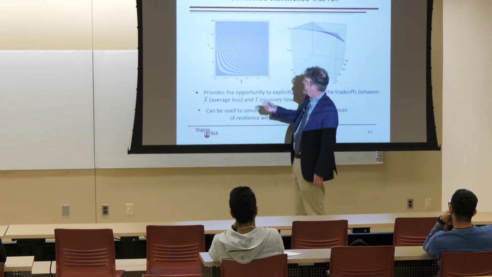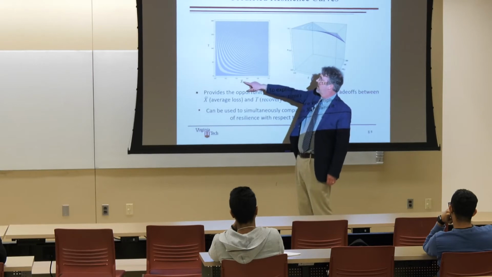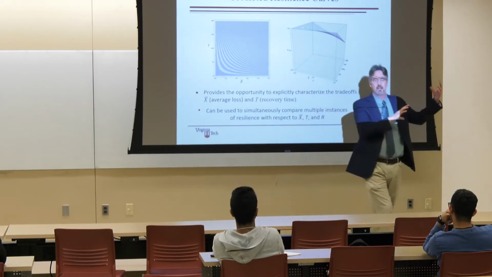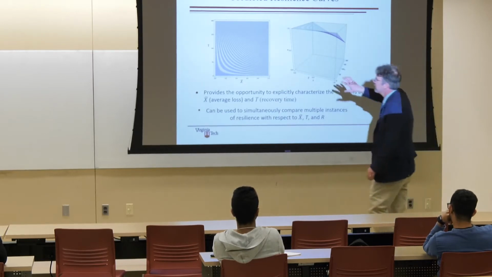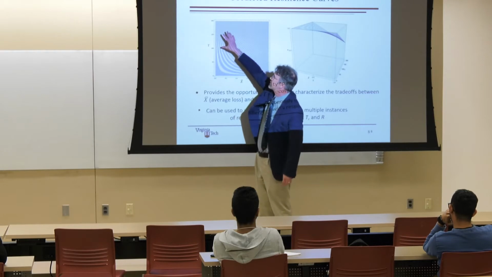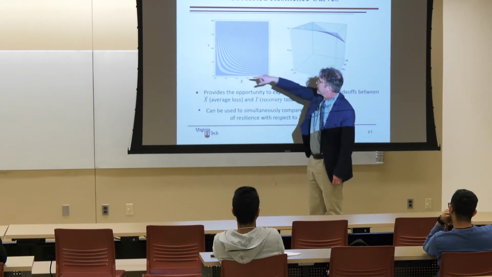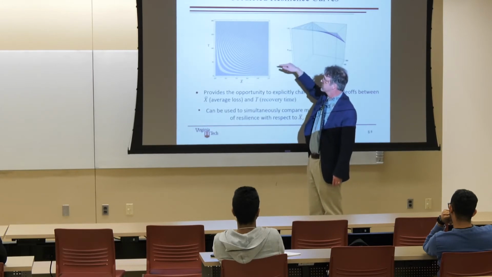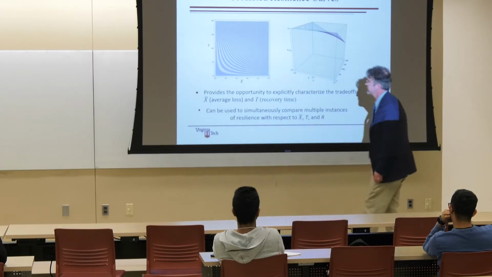Things that end up down here are going to be higher on the amount of loss and lower on the recovery time. That's a very different kind of behavior than things with a very long recovery time but very little loss, which are characterized by observations on that part of the set of curves, where each line represents a single constant value of resilience, and you get higher and higher resilience as you get closer to the origin.